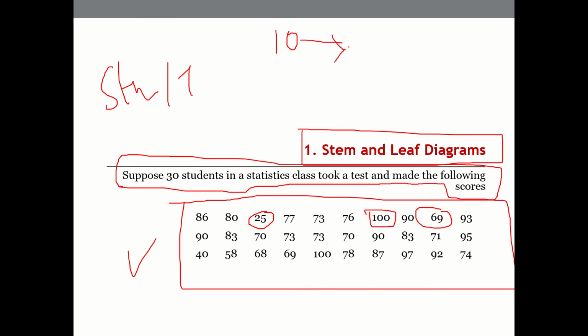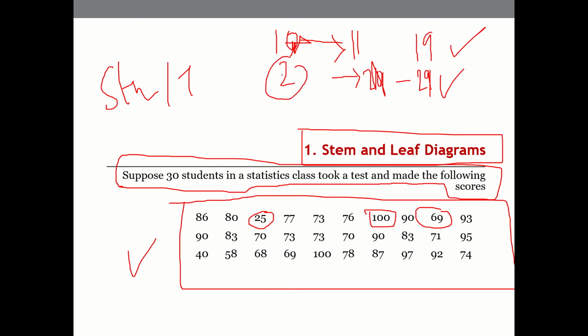All the data from 10 to 19 can be put under one category. 20 to 29 data can be put under the stem 2 category. 30 to 39 data can be put under the stem 3 category.